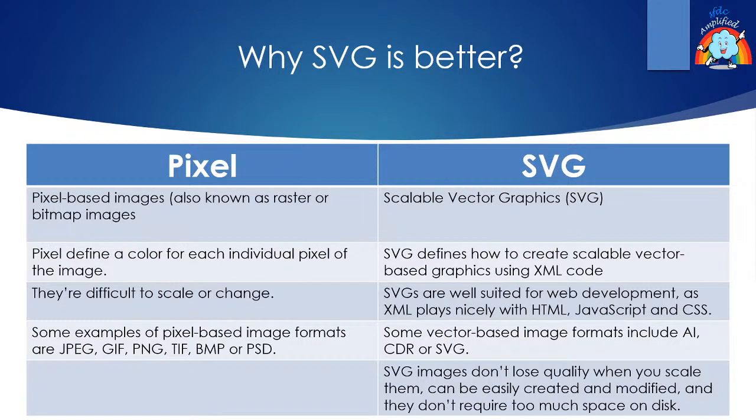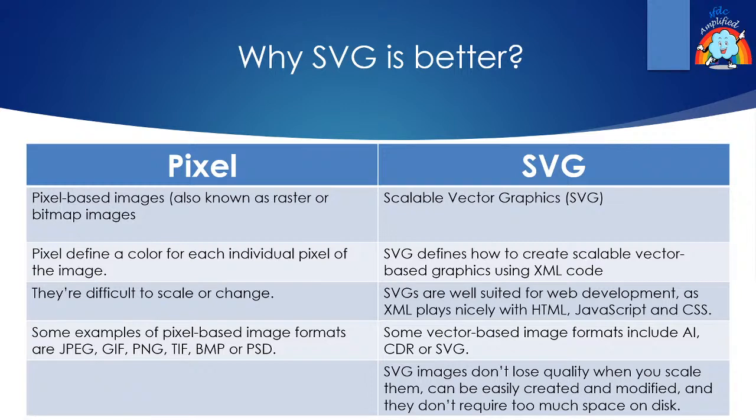And before going ahead to creating SVG in a demo, I would like to share some points on why SVG is better compared to all other images. Pixel images like JPEG, GIF, PNG, BMP or PSD, these formats are difficult to scale or change.